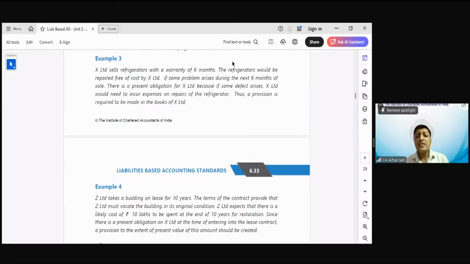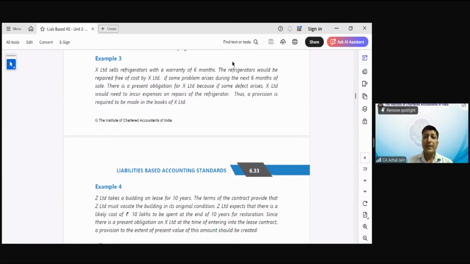Z Limited takes a building on lease for 10 years. Lease means it's taken on rent. Terms of the contract provide that Z must vacate the building in its original condition. So the landlord has specified in the contract that when Z vacates the building, it should be in the same condition.